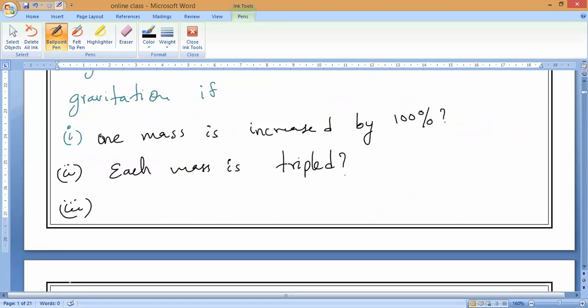Now, the third one: each mass is quadrupled and the distance between them is halved. Quadrupled and halved.